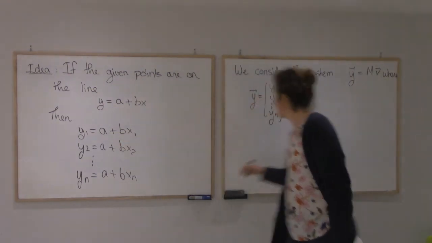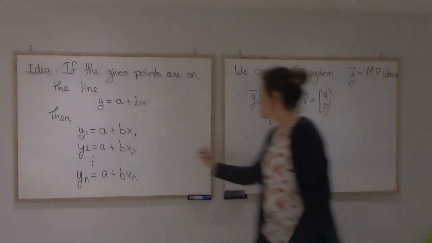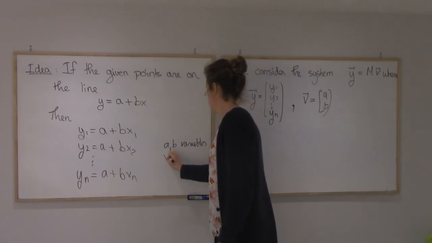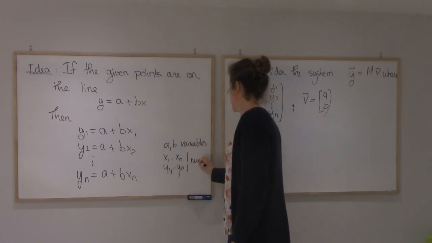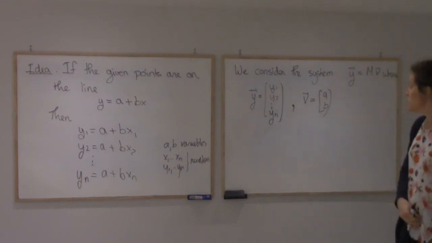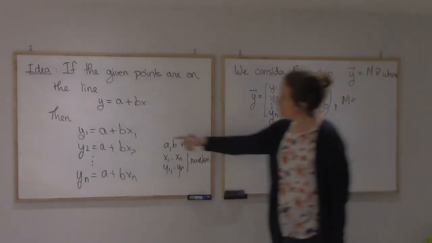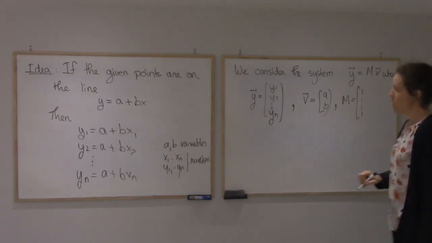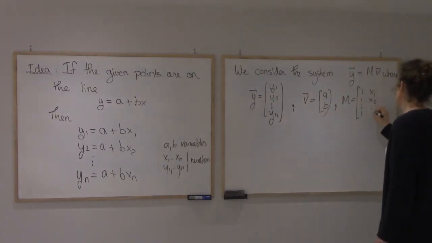Now my variables are a and b. Since the xi, yi are my given points, they're actually numbers. So these are numbers, these are my variables, and then my coefficients. The coefficients of a are always 1, so 1, 1, 1. The coefficients of b are given by the x, so I'll have x1, x2, xn.